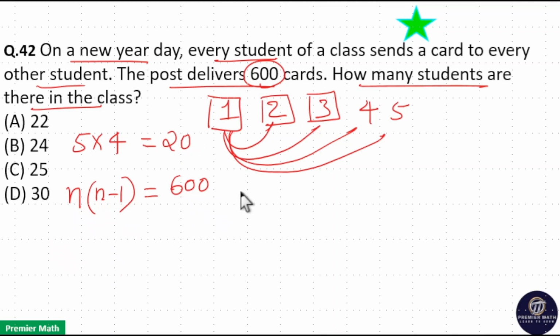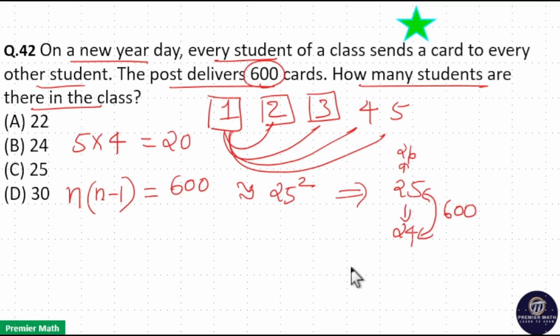To find this, take the nearest square value. 625 is nearest to 600. 625 means 25 square, so take 25. Now take the nearest values of 25: 26 and 24. Now you can see 25 into 24 is 600, which means n is equal to 25. Option C is your answer.